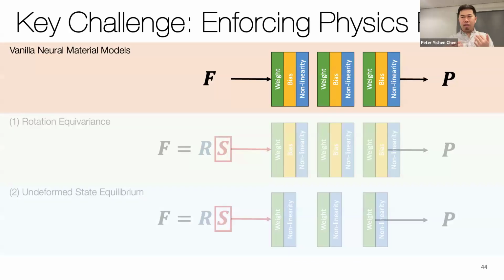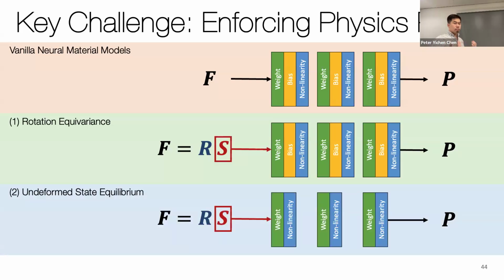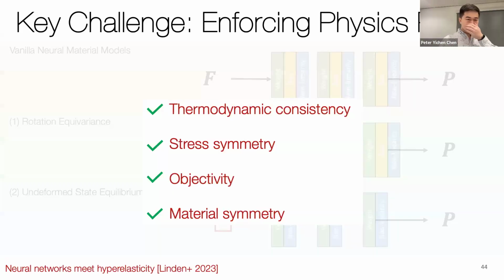But obviously, when we learn it, we want to be careful. There are still certain physics we want to make sure hold, such as rotation equivariance and undeformed state equilibrium. So we bake these into our network design to enforce these physical priors, so that we still guarantee thermodynamic consistency, stress symmetry, objectivity, and material symmetry.